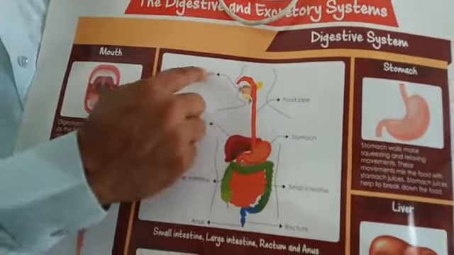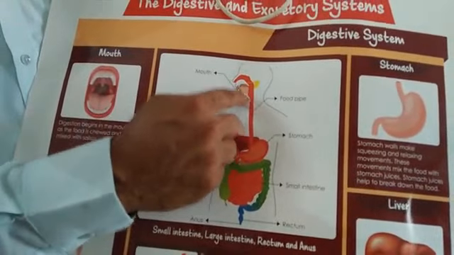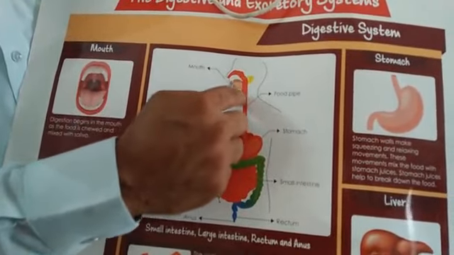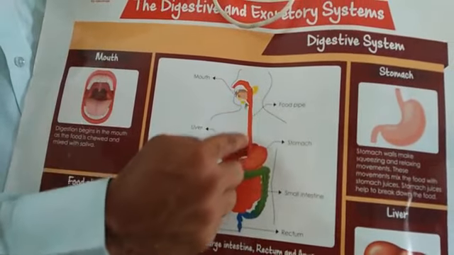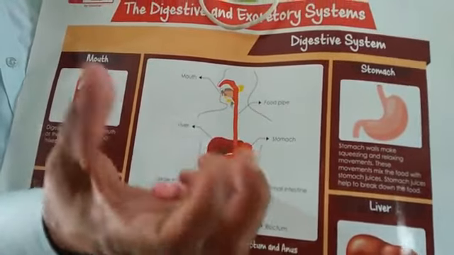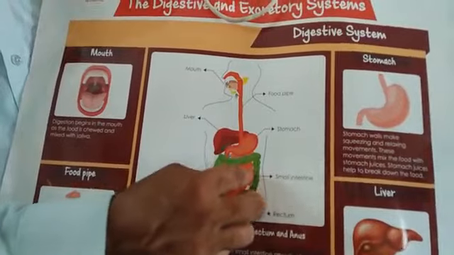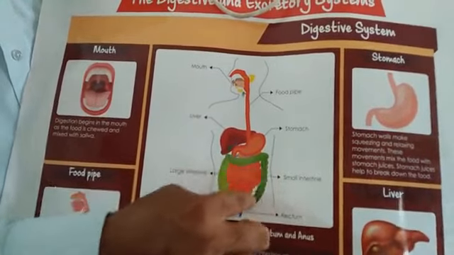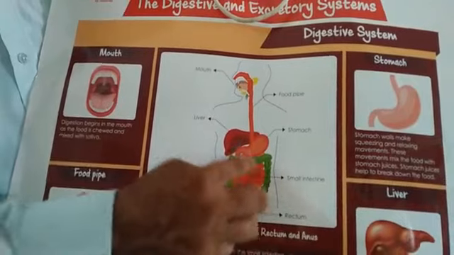In the mouth, the muscles help in the chewing of food. After that, the muscles present in the food pipe allow the easy movement of the food. In digestion, the walls of the stomach undergo contraction and relaxation. There the digestion will take place. In the small intestine and large intestine also, they play an important role in digestion.